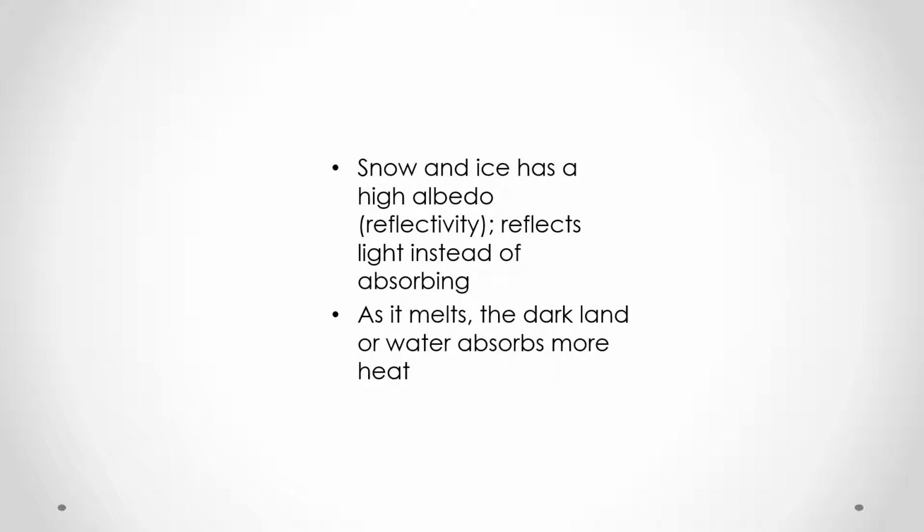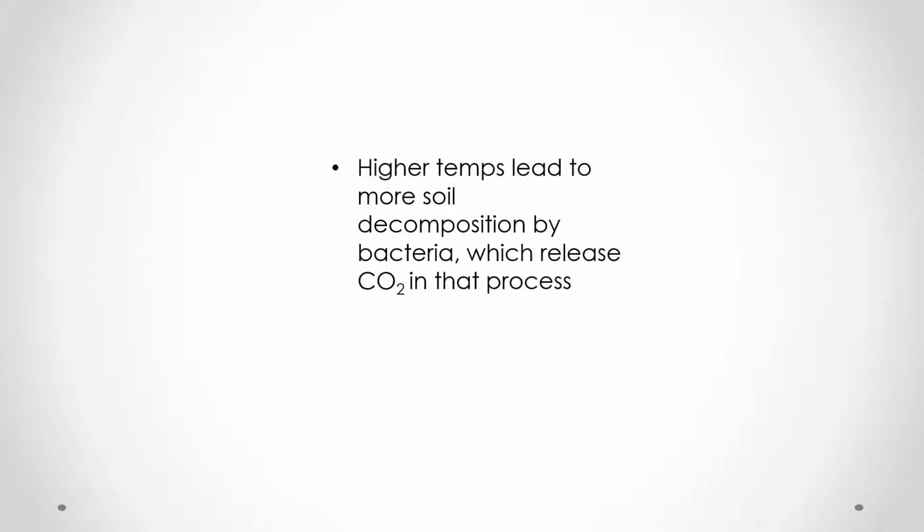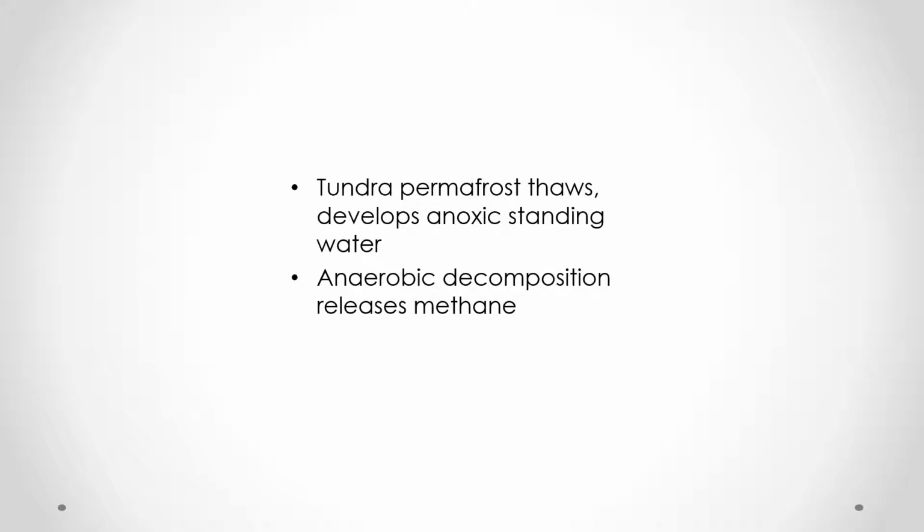You see where the feedback loop is here? Yeah, not good. Higher temperatures lead to more soil decomposition by bacteria. That releases more CO2. More CO2 increases the temperature, which increases soil decomposition by bacteria, which releases more CO2. It's a really bad time.